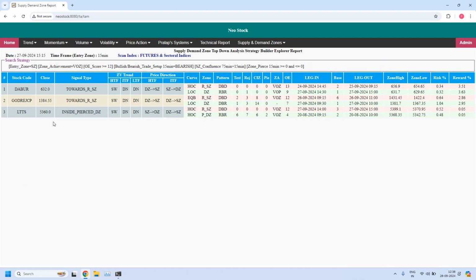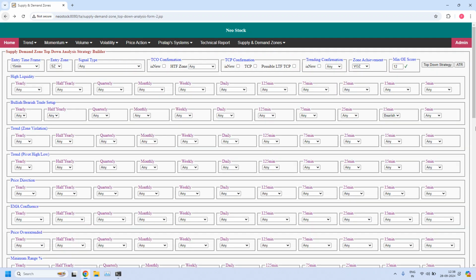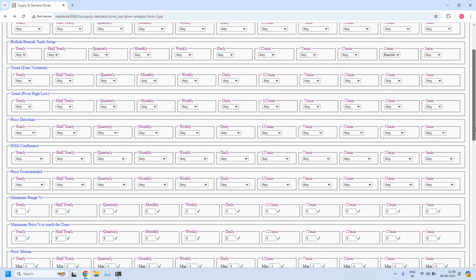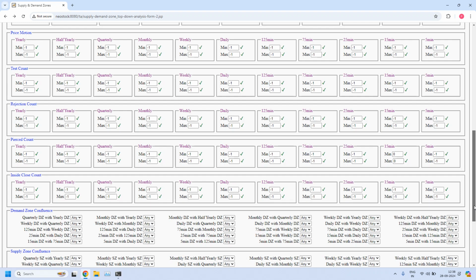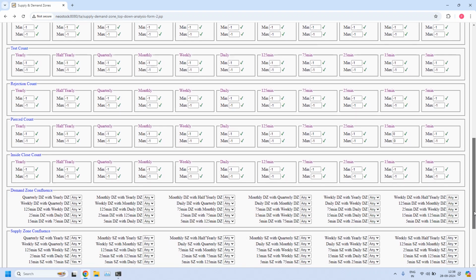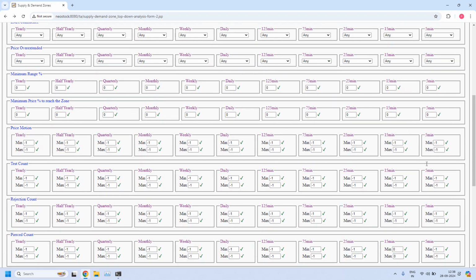These 3 stocks. Let's verify LTF, ITF, HTF confluence. So 15-minute supply zone with 75-minute supply zone is already enabled. Next, 15-minute supply zone with daily supply zone confluence I am enabling. And also 75-minute supply zone with daily supply zone I enabled, with all the 3 filters.